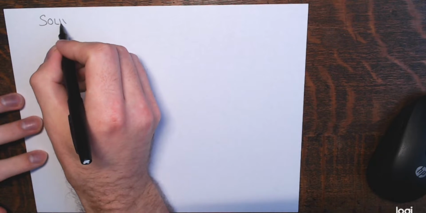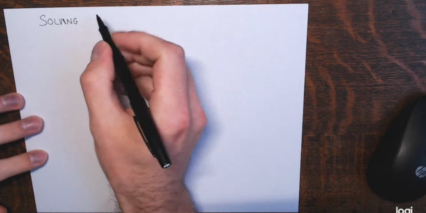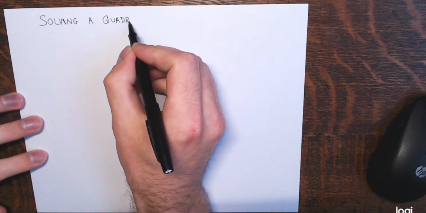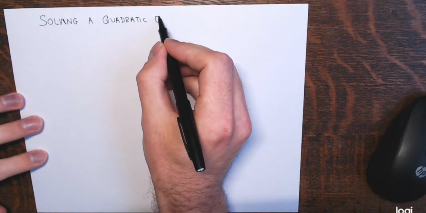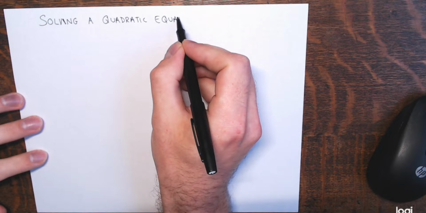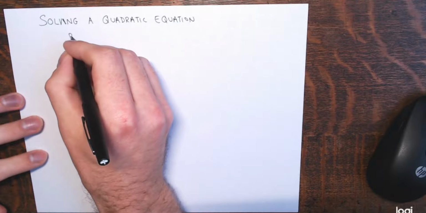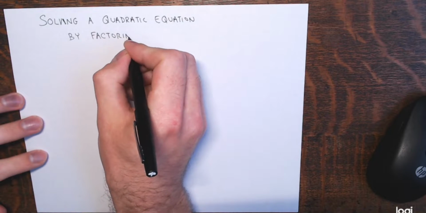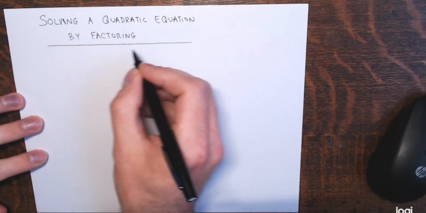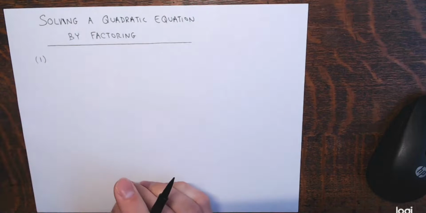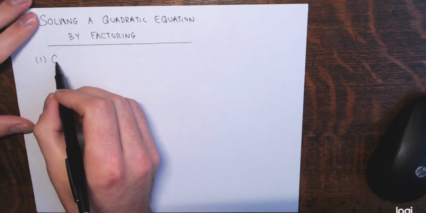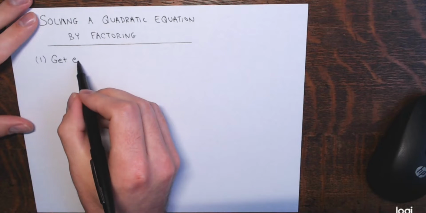Solving a quadratic equation by factoring. Alright, so the first step is to get the equation in the general form for a quadratic. Get the equation into the following form.